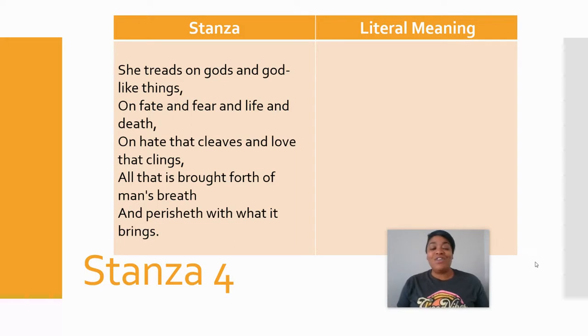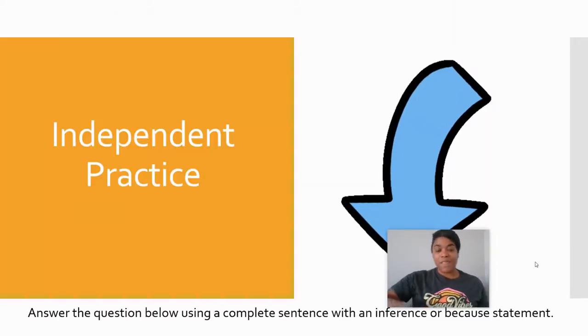Okay, scholars, you just have completed writing the literal meaning for stanzas 3 and 4 independently. So in front of you, you should have a completed T-chart with stanzas 1 through 4 to the left of you, and then the literal meaning of those stanzas on the right of your T-chart.